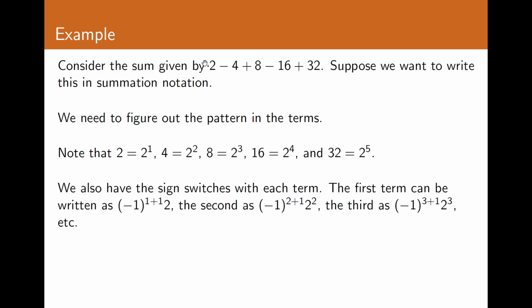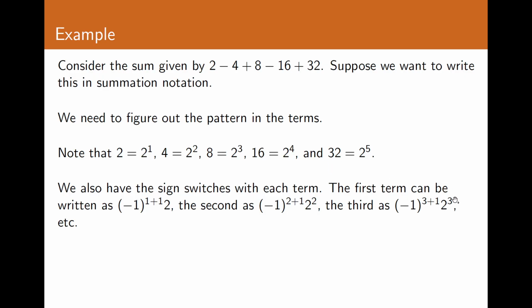The first one is 2 to the 1, but I want it to be a positive sign, so I can think of that as negative 1 to the 1 plus 1, with the 1 here going with the 2 as well. In the second term we need a negative, but we have 2 squared, so we take the power of the 2 and add 1 to it, a negative 1 raised to that, and that will give us our negative 4.